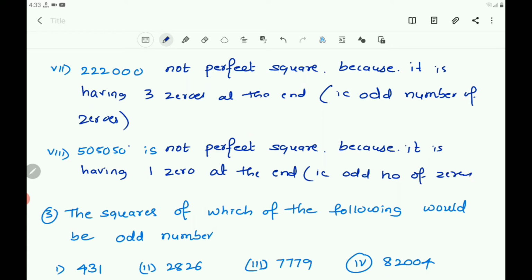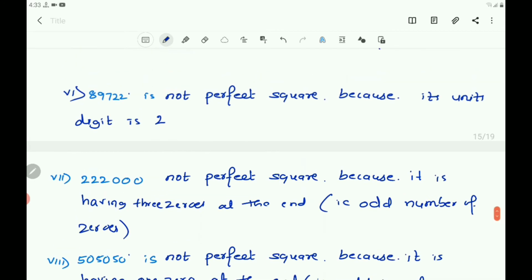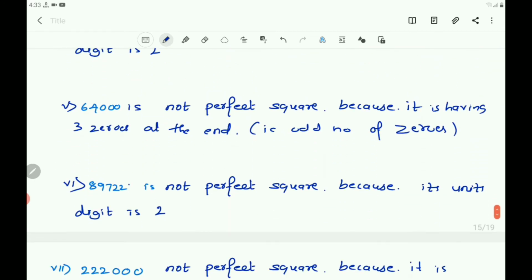So you can write it as 1 in words also. This is also you can write in words, 3.